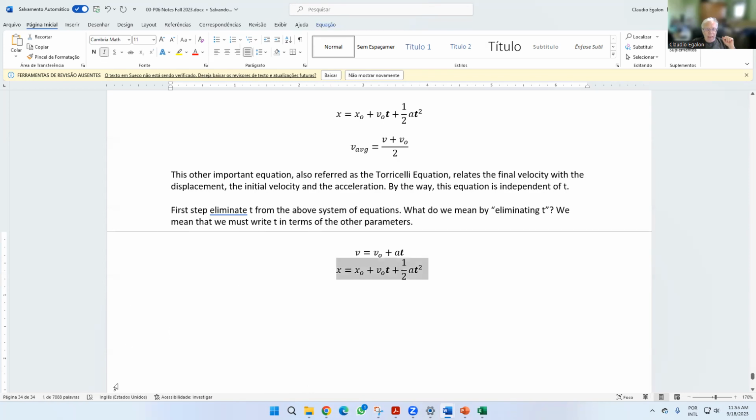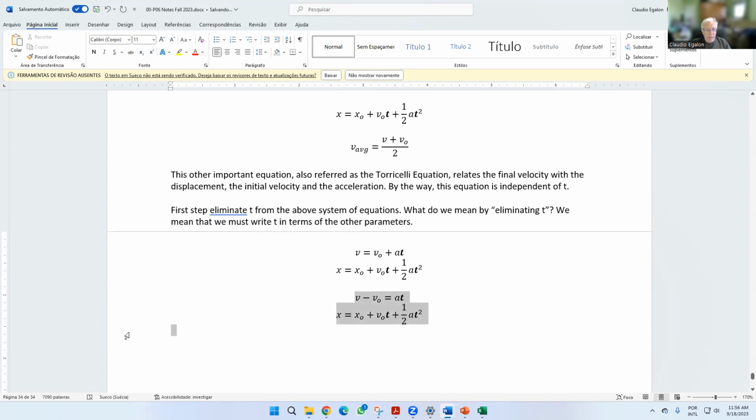We either obtain the values of t from this equation, or we obtain the values of t from this equation here, which is a linear equation, far easier to deal with than this other one. And so what do we do? All we have to do is the much simpler approach, which is using the linear equation.